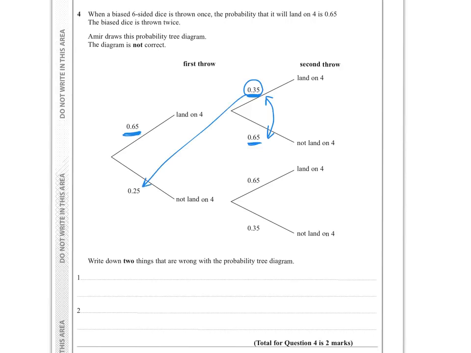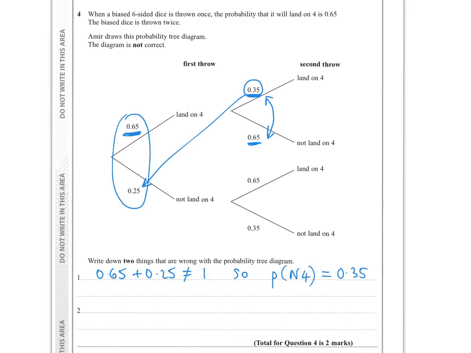So just to recap, the first mistake would be that 0.65 plus 0.25 here does not equal 1, because that's what the probability should add up to. So the probability of not 4 really should be 0.35.